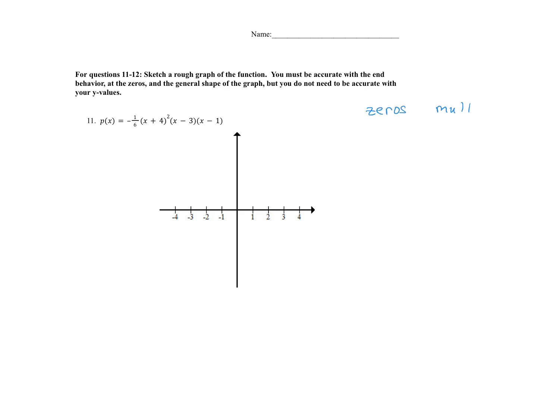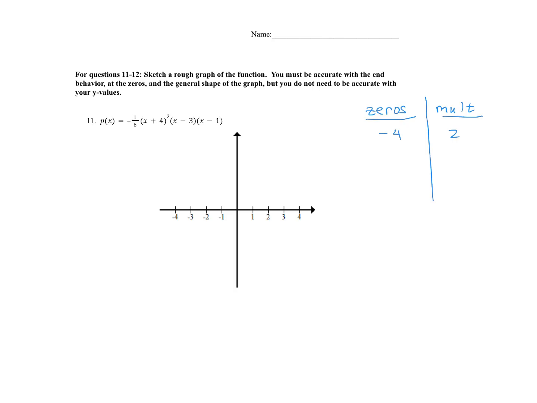And we'll also write down the multiplicity behind them. So the first 0 here, you will notice, is negative 4, because if I plug in a negative 4, I do get 0. So negative 4 is my 0. The multiplicity there is 2, because that factor is squared.